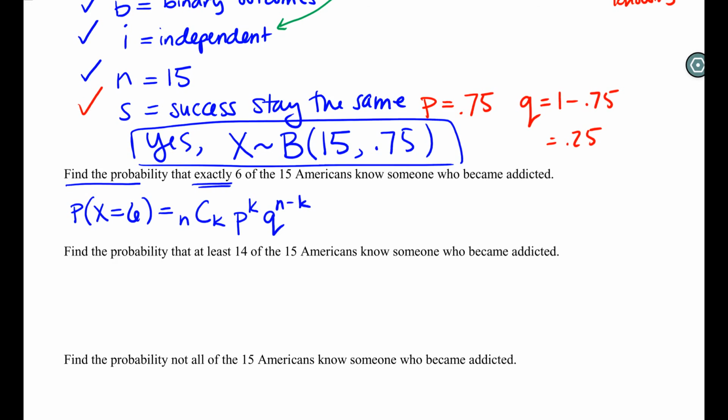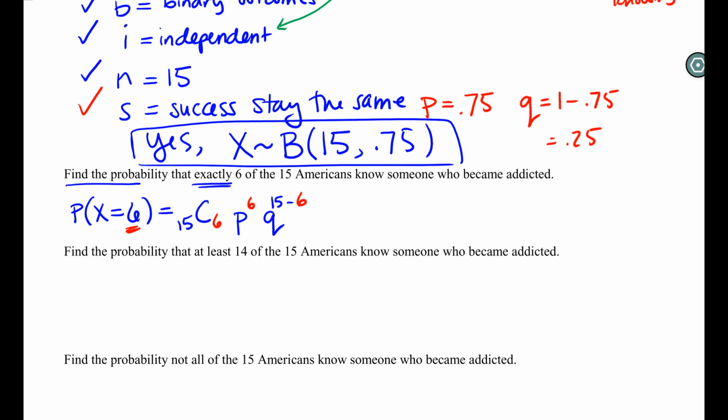So I'm just going to go ahead and replace each piece. When we figured out if this was binomial or not, we decided our N was 15. So I can replace both the N's with 15s. We decided then our K is just the thing that we're looking for. So in this case, I can replace every K with the 6 that we want.